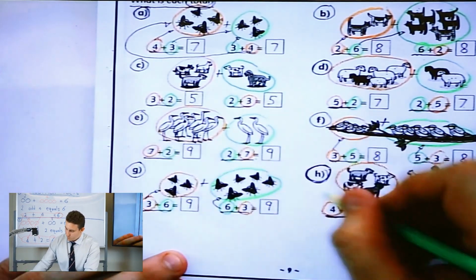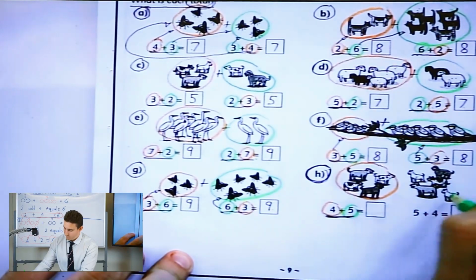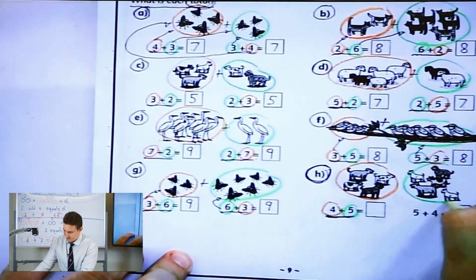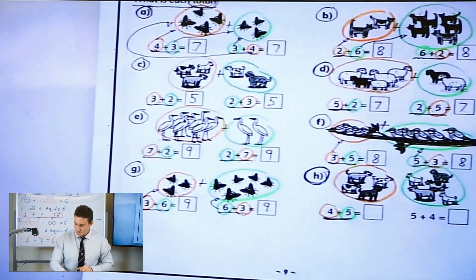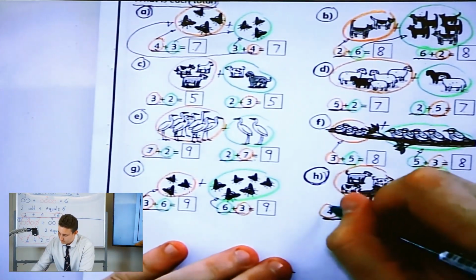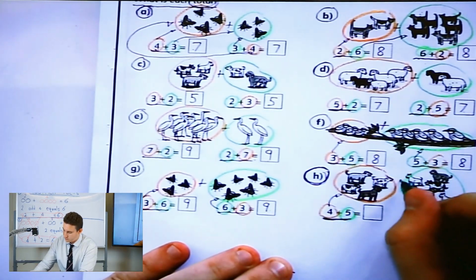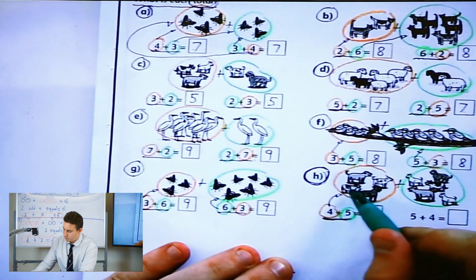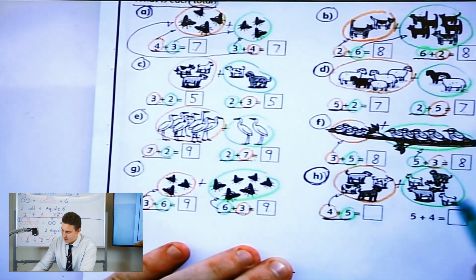And the 5 we will put in green. 1, 2, 3, 4, 5. Yes, good work. So let's start with the 4 first, and let's count the total. So 1, 2, 3, 4, 5, 6, 7, 8, 9.